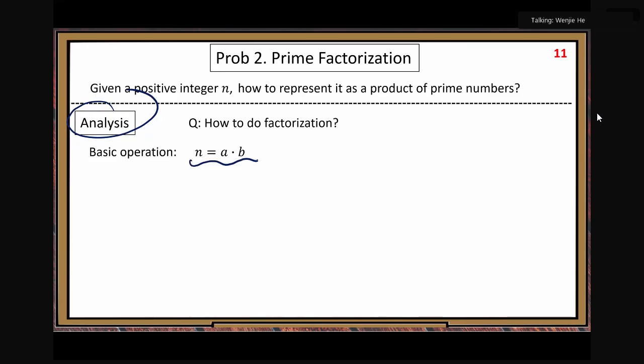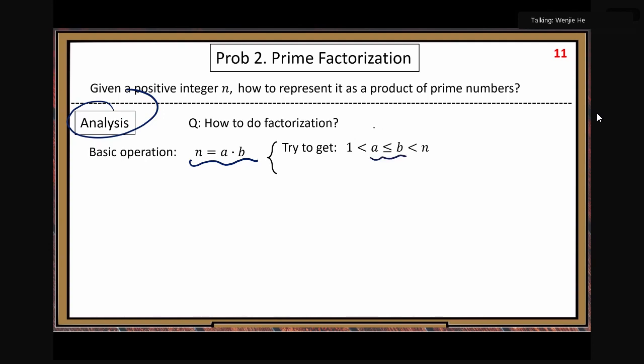We factor this n as a product of 2 factors, a and b. That's the basic operation, so we want to study it. When you study this basic operation, there are many cases. The first case: we try to see if we can find some non-trivial factors.